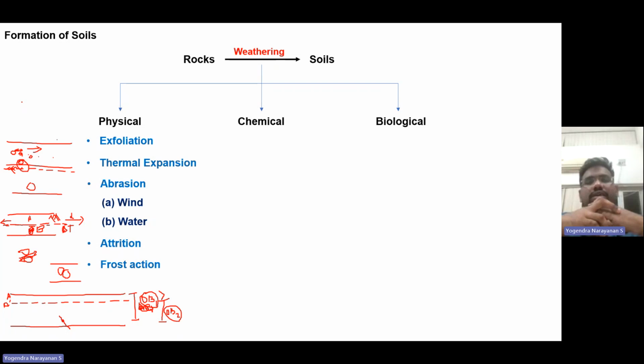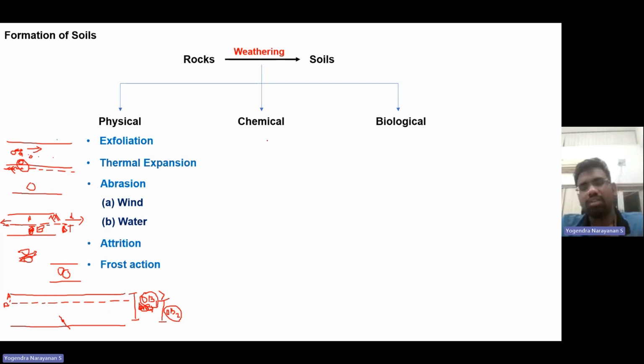This cyclic expansion and contraction of pores due to freezing and thawing of water results in enhancement of cracks, which further leads to the disintegration of rocks. This falls under the action of weathering, responsible for the formation of soils.